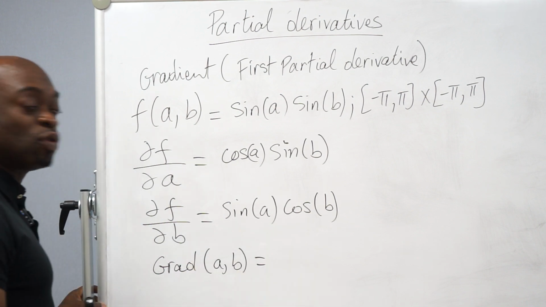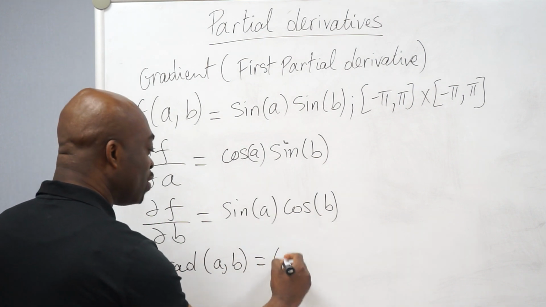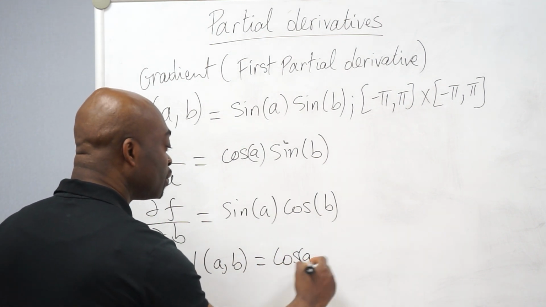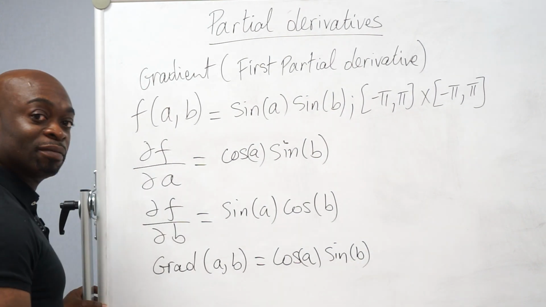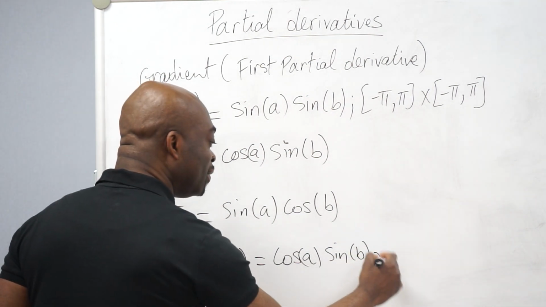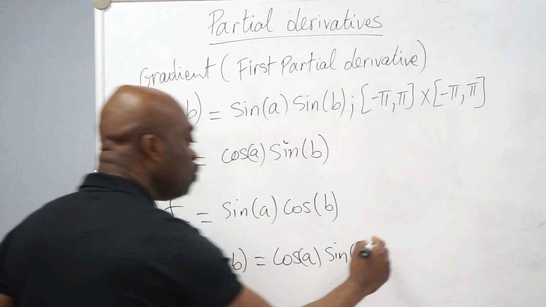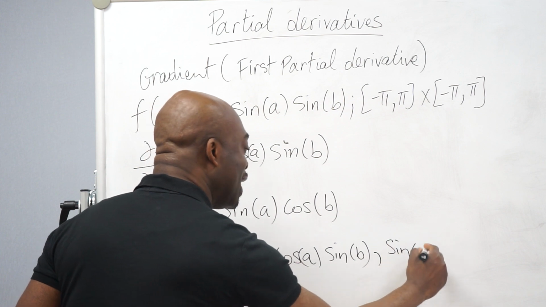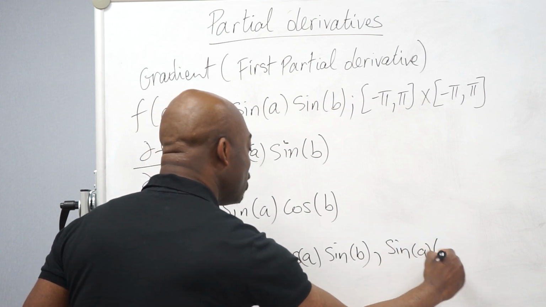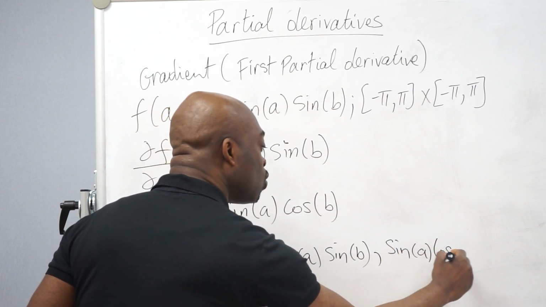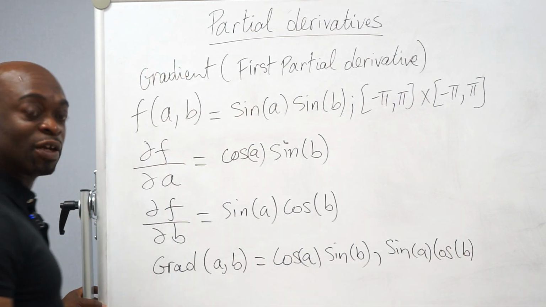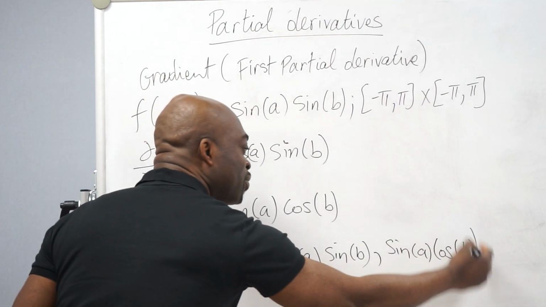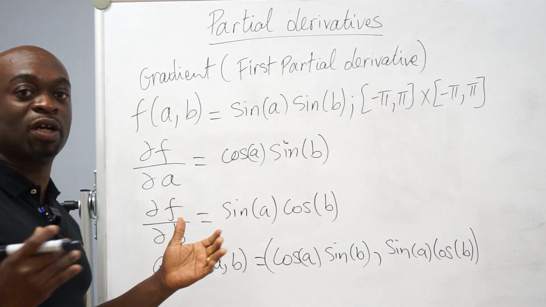That will be equal to cosine of a sine of b, the first one that we got, and then we associate it with the second answer that we got, sine of a cosine of b, and we can put them in parentheses as a couple.